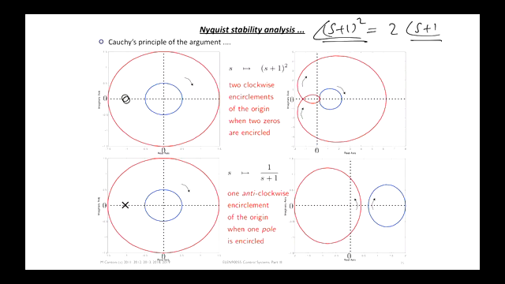So we'd expect that this would not make a net encirclement of the origin in the clockwise direction. So you can see that by mapping points along a contour to get a new contour and counting the number of encirclements the new contour makes of the origin allows us to determine how many zeros of the function lie inside a region.